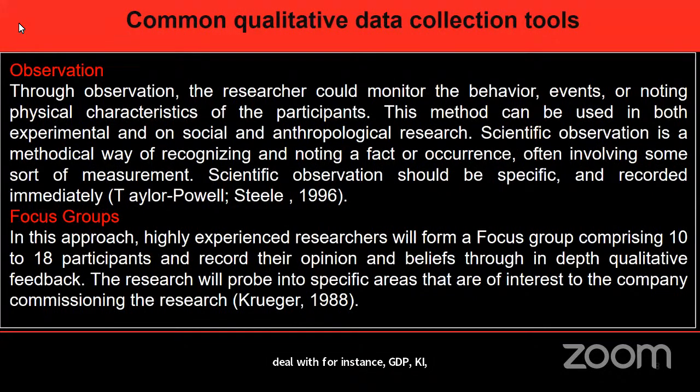I know for observation, it's just simple, but especially for the FGD, since we said that a group may range from 10 to 18 participants, an organization that is sensitive of the quality of data will say that any FGD to be conducted must have at least 10 participants, or at the most 15, or 14, or 12, something like that. And then the procedures are also developed.